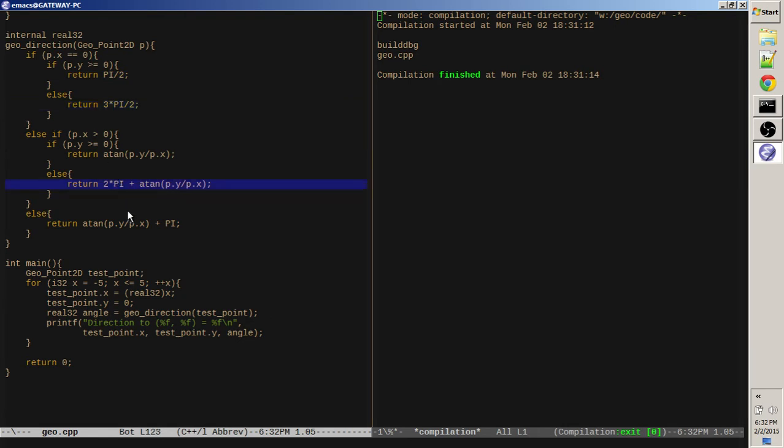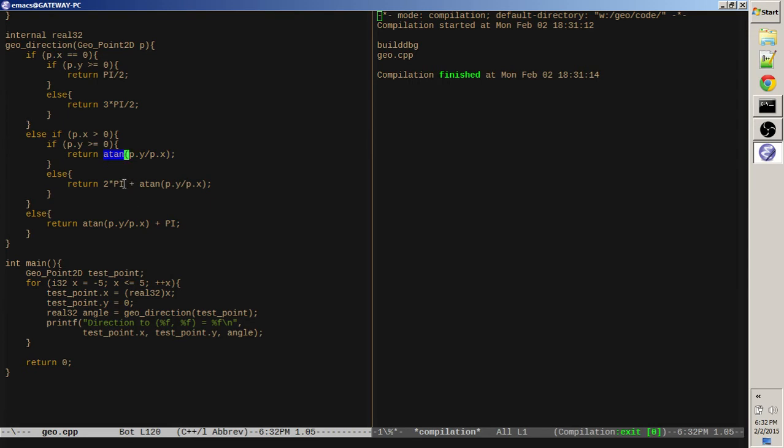This is plussing 2 pi, and the reason it's different is because this right here is negative, so we're adding 2 pi to make it all the way around to positive. It's not a problem with this case, because when it's negative, it adds pi and it comes up here to positive, and if it's here, it adds pi and it's positive over here where we want it. So this is for that case where it's in the negative quarter, and this is for that case where it happens to be in the positive quarter, and that's where we want it to be directly.